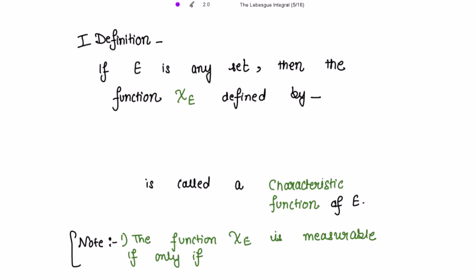So the first definition is for the characteristic function. If E is any set, then the function chi E, this is the new function, is defined by chi E x is equal to 1 if x belongs to E and 0 if x does not belong to E. This is called a characteristic function of E. Please note here, the function chi E is measurable if and only if E is measurable.